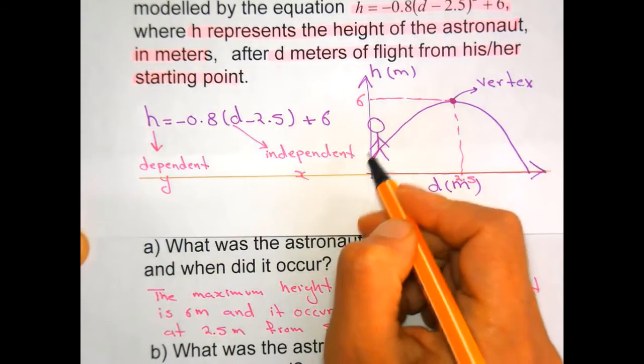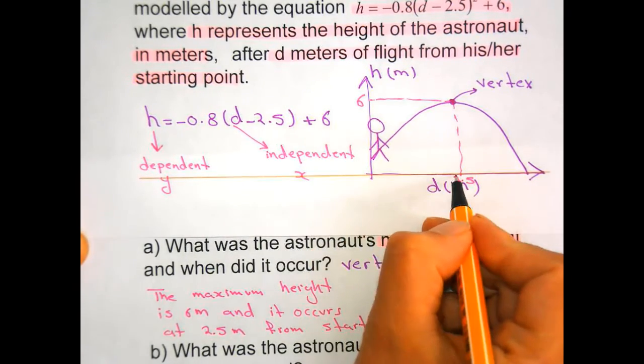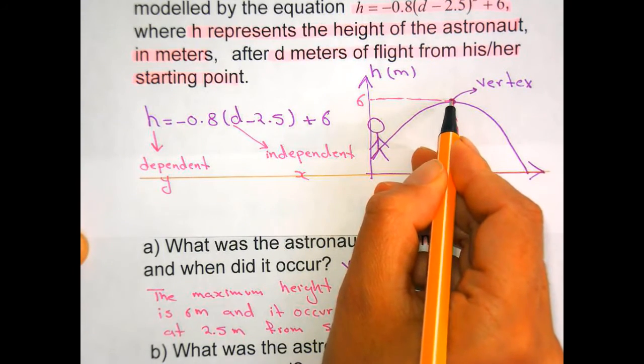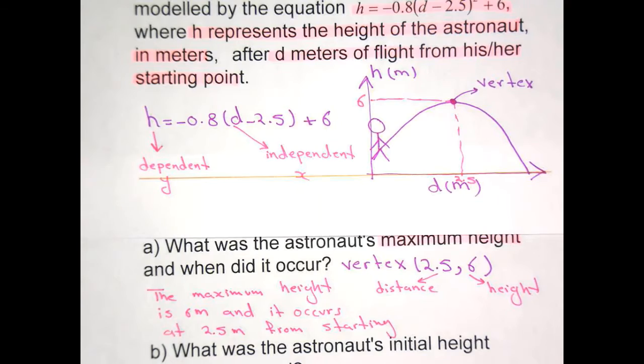So the astronaut has a very big jump, and 2.5 meters through the jump, it's going to reach the highest height and then it will come down.